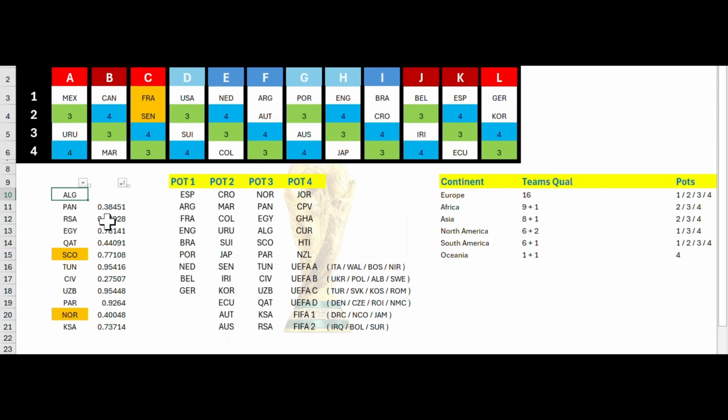With that being said, first team drawn, Algeria. Algeria would go into Group A with Mexico. That would be our opening match of the tournament. Direct constraint here. Egypt can't go into Group B. Morocco is already there.